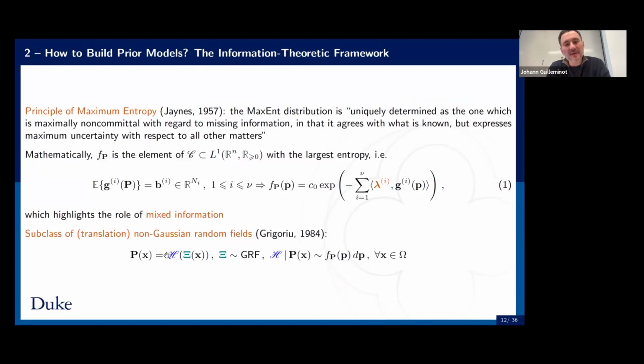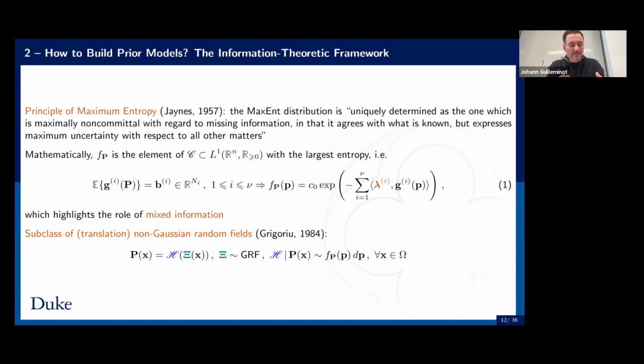I'm going to say that P is some transformation H acting on some latent Gaussian field Xi. So this guy is going to have a Gaussian distribution, and this guy is going to basically ensure admissibility. So when I do that, this H is going to take care of the well-posedness requirements. And the way I'm going to define this Xi is going to take care of the complexity of the geometry. And I'm going to show you how we do that, okay?